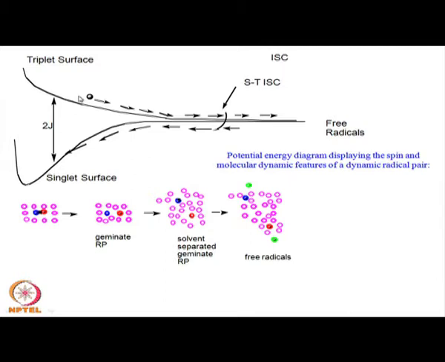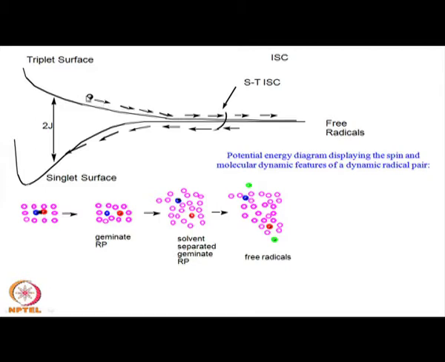So, what will happen with time? Their separation will increase, and at some point, from here to here, you need to have some energy. There is some energy requirement. They are energetically different.